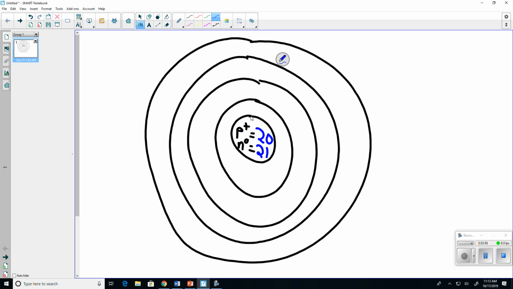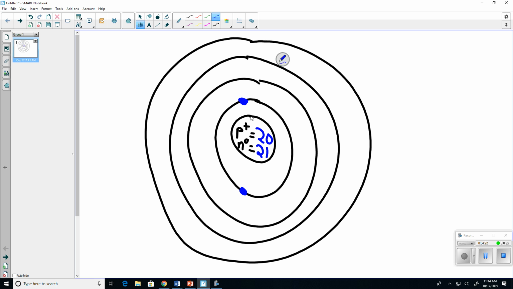We are going to focus on the rows that go across right now. How many elements are in the first row that goes across? 2. So hydrogen's the first, helium's the second, right? That means that first row across is like Bohr's first ring of electrons. And that there would be 1, 2 electrons in that first ring.